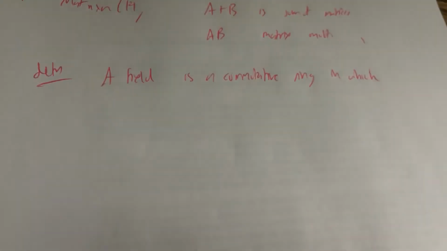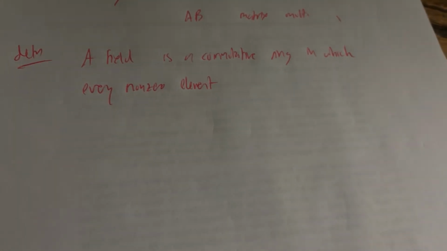Okay. Let's give another definition. Very important. A field is a commutative ring in which every non-zero element has a multiplicative inverse.